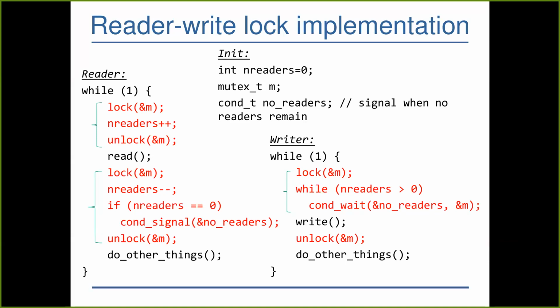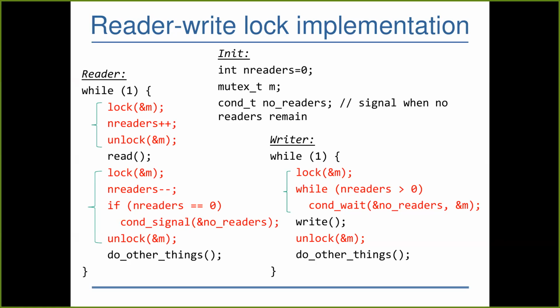The n readers will be incremented before it unlocks. Now it will go to this read critical section where multiple readers can proceed. Multiple readers can come because the only thing they need to do is temporarily grab this mutex to increment this variable, and then they can immediately proceed to the read critical section.